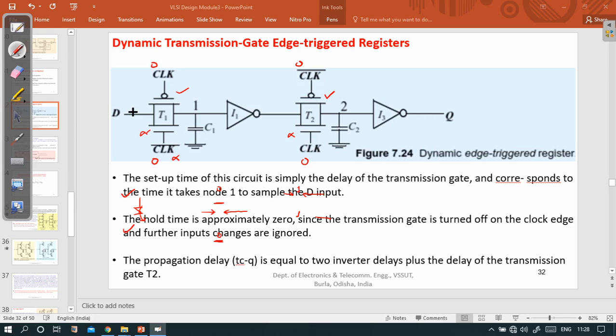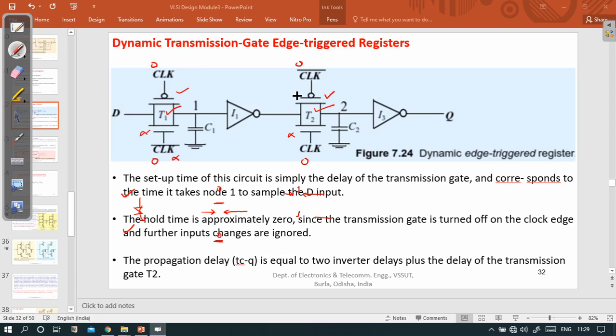Look, one transistor from each of these transmission gates is on, the PMOS from T1 and the PMOS from T2. So T1 and T2 are both on under this condition; they are both conducting. It means a signal at the input side, that is D, will pass to node 1 and eventually to node 2 and to the final output Q. This contradicts the behavior of these registers, which should operate in master-slave mode.